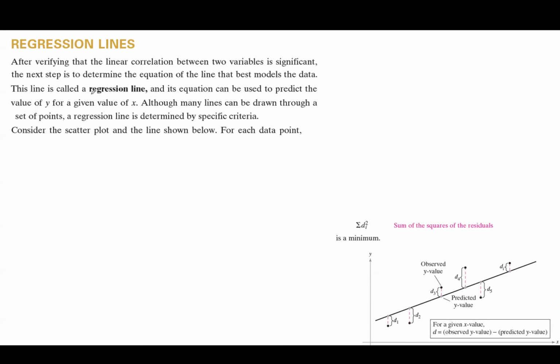So when you're working with a regression line, that regression line has a specific property. For that regression line, the sum of the squares of the residuals is minimum. For each data point, d sub i represents the difference between the observed y value and the predicted y value.